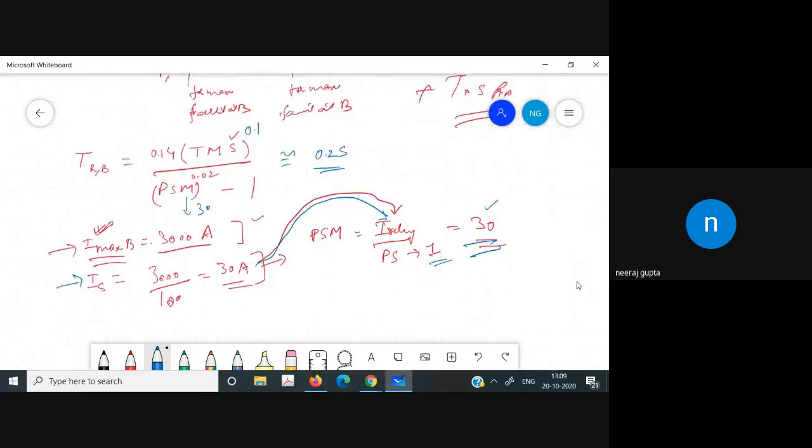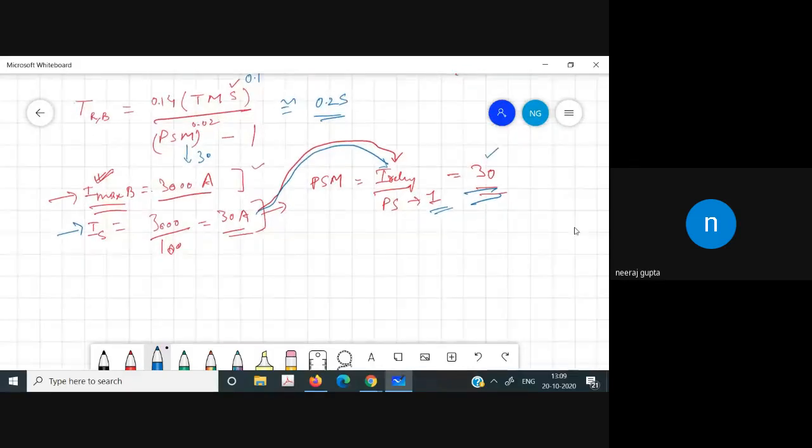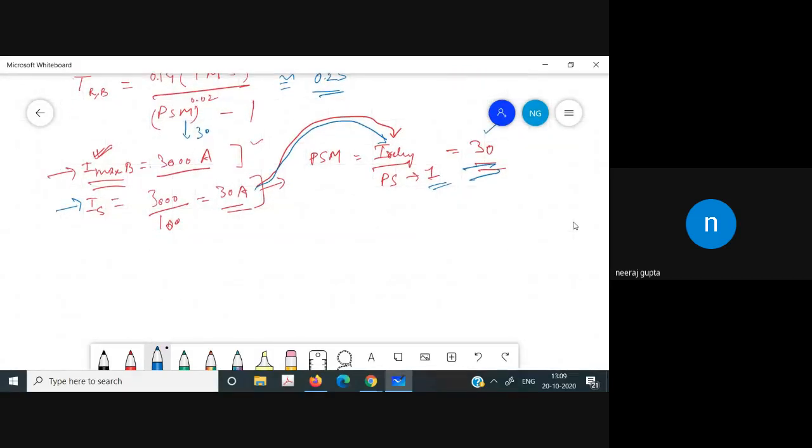We start with the relay RB because it is at the tail end. So RB we calculated as 0.2 seconds. Now, second, the circuit breaker time of B.